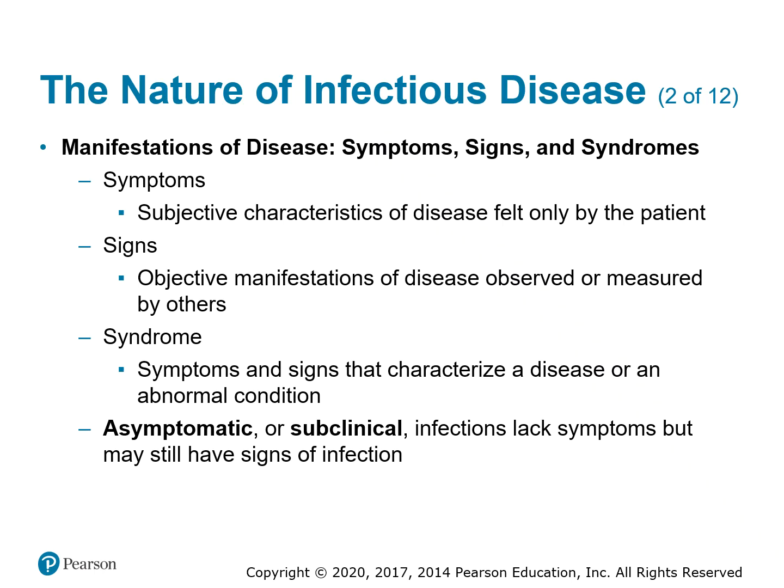A syndrome is signs and symptoms that characterize a disease, and they often are all clustered together. So you might have a whole bunch of things that you see as signs and things that the patient tells you, and together all of those things are what we expect to see in what we would refer to as a syndrome. Asymptomatic or subclinical means infections that lack symptoms but may still have signs of infection.